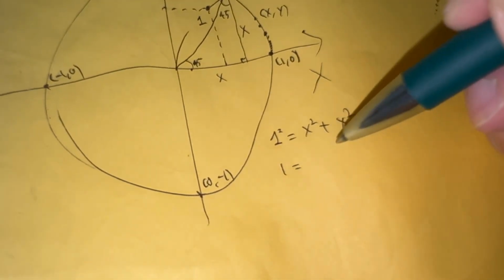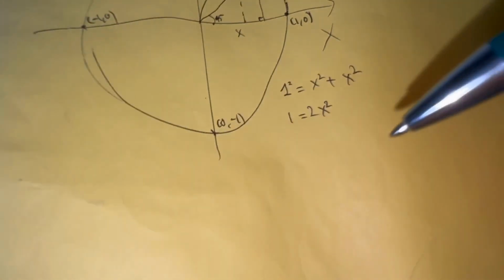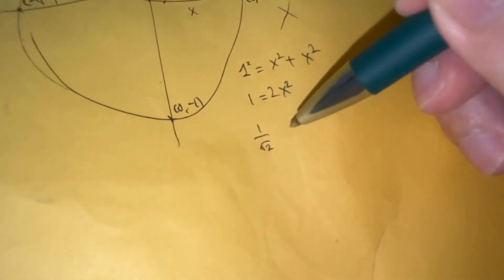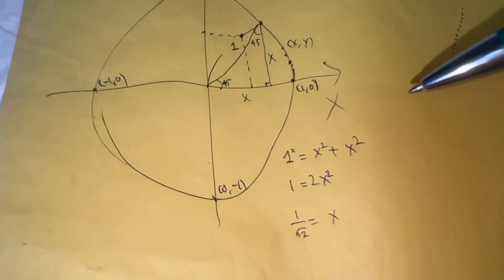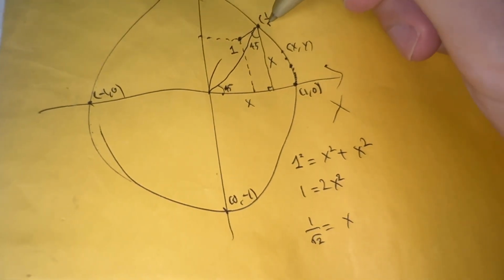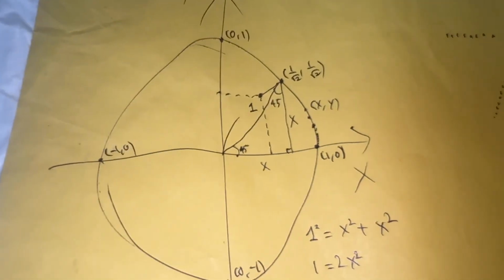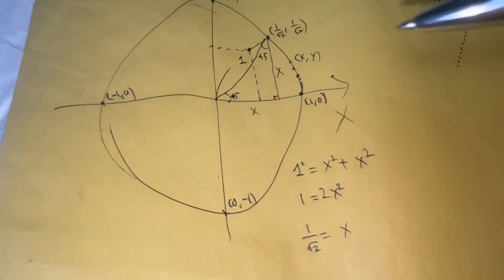So this becomes 2x squared. So x becomes 1 over the square root of 2. So it becomes an xy of 1 over the square root of 2, 1 over the square root of 2.